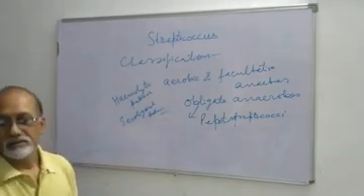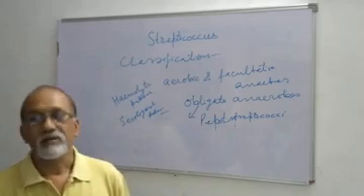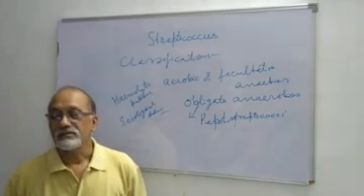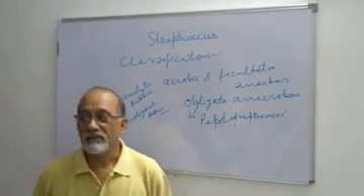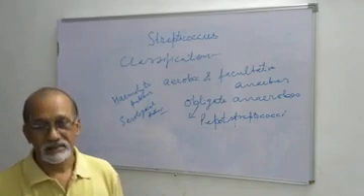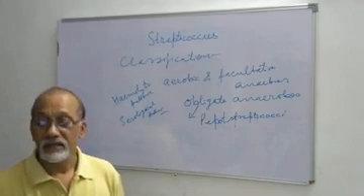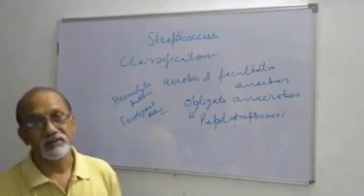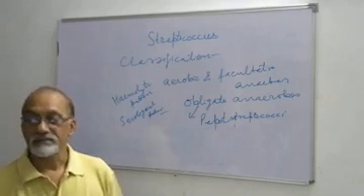According to hemolytic pattern, it is of three types: alpha hemolytic streptococci, beta hemolytic streptococci, and the third one is gamma hemolytic cocci.